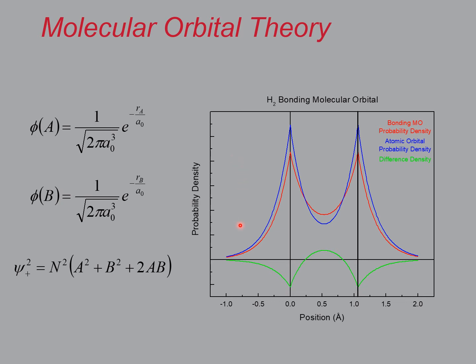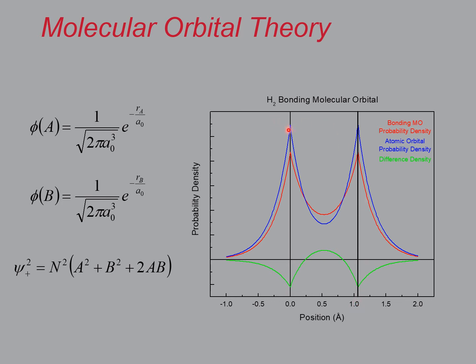Now, what I want you to look at is the blue line here, which is just these two functions plotted on the same graph. The nucleus of hydrogen atom A is at position 0, and the nucleus of atom B is at about 1.1 or something like that.